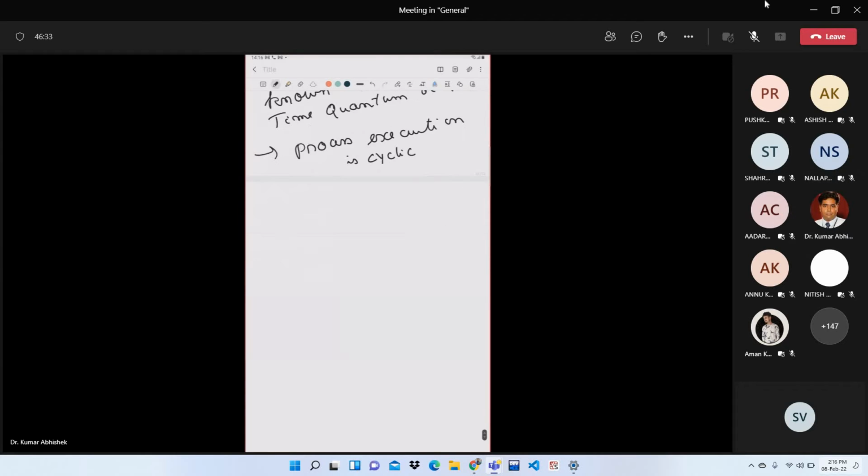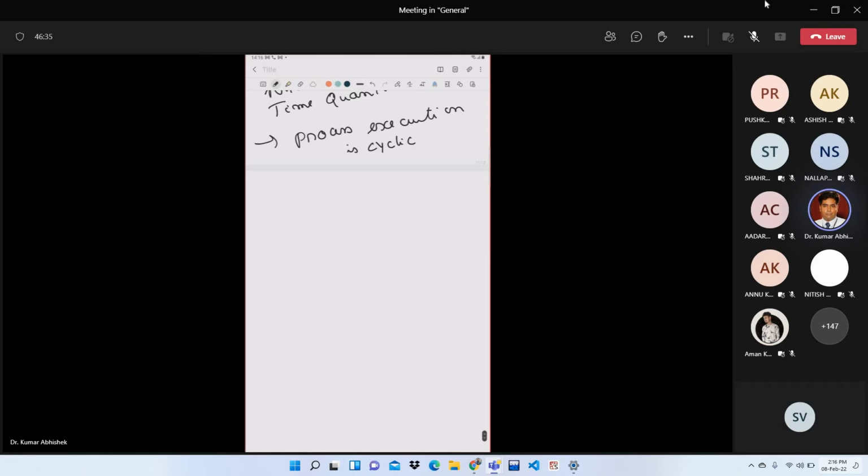So this is the concept. Ready state means which queue we are talking about? Job queue.